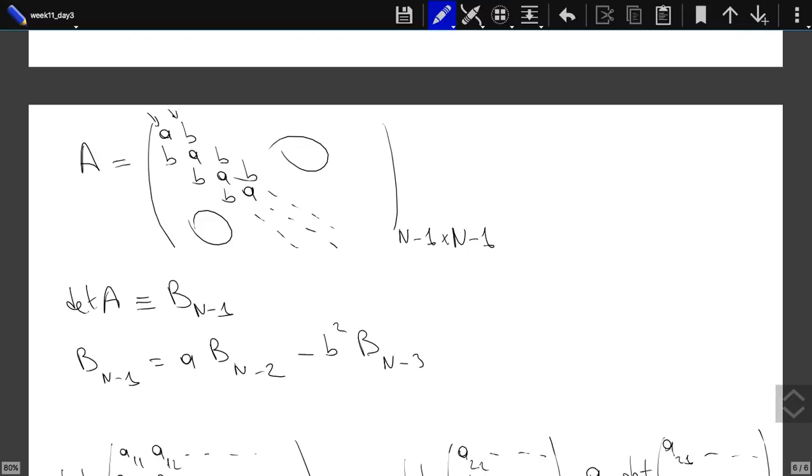Then the second term is B. Now when I eliminate the row and the column corresponding to that one, that's the first row and the second column, what remains is a matrix whose first row is a B at the top and 0 everywhere else. So I use that row to write down the determinant again.